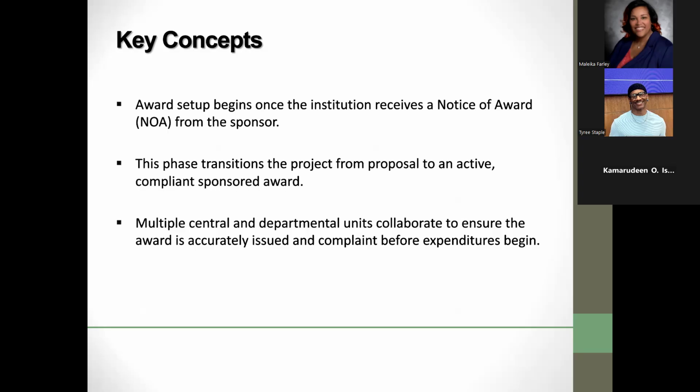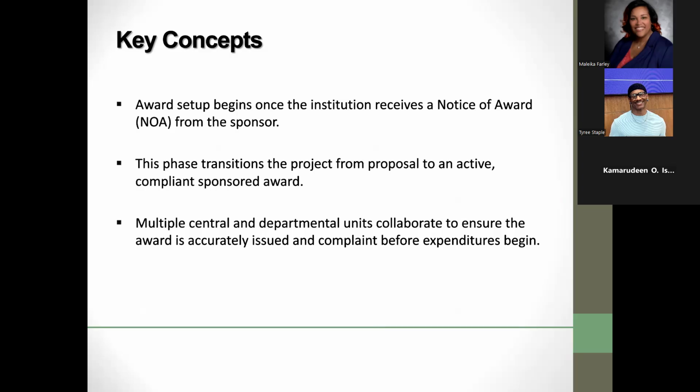This phase transitions the project from the proposal stage to an active, compliant sponsored award to the institution from the funding agency. Multiple central and department units collaborate to ensure that the award is set up properly, is issued accurately, and that it is compliant before the expenditures begin.